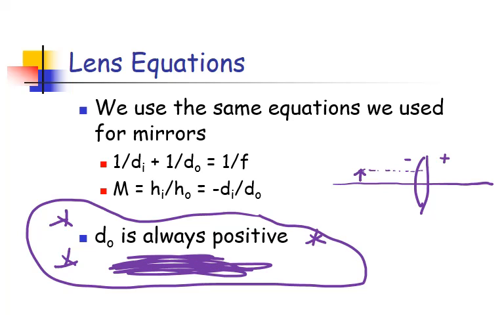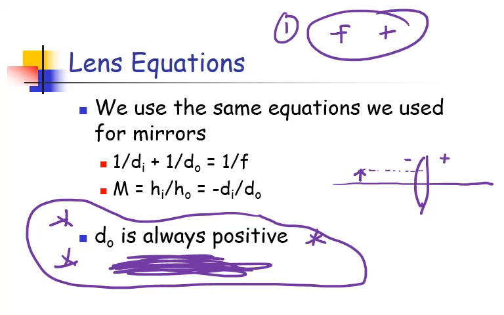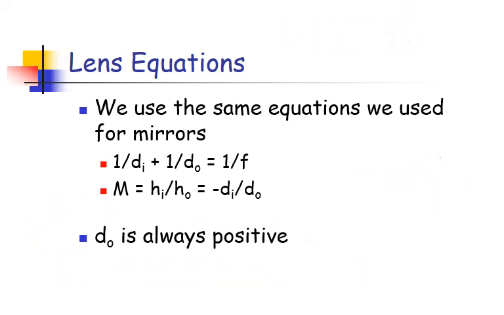And so distance of an object can't be negative unless you're dealing with combination lenses. And so that's another really critical thing. So the first critical thing was that the focus is positive for convex, for converging lenses, and then also DO is always positive for lenses, any lens.